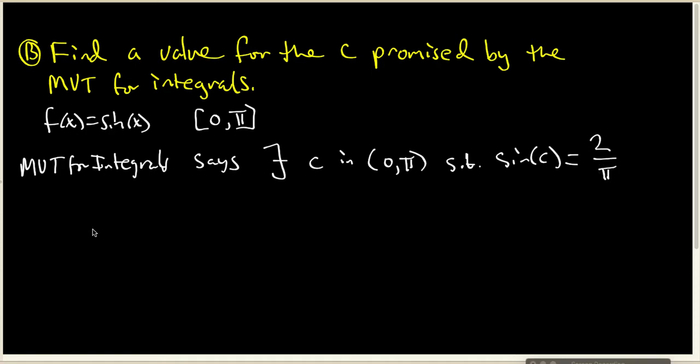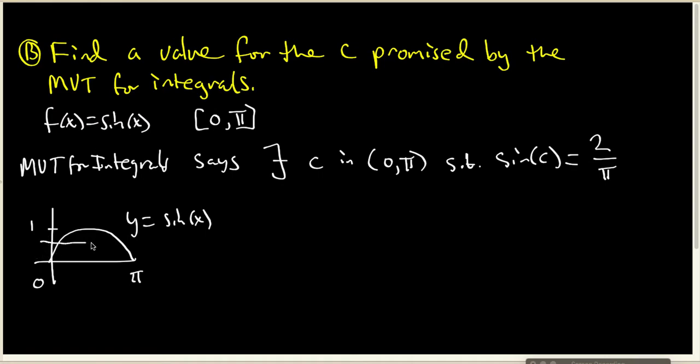Now, I want to draw a picture because I have to think about what's going on here. So let's draw just a real quick picture. This is sort of what y equals the sine of x looks like between 0 and pi, and the top of that hump is at y equals 1. Now 2 divided by pi is certainly less than 1 because pi is bigger than 3.